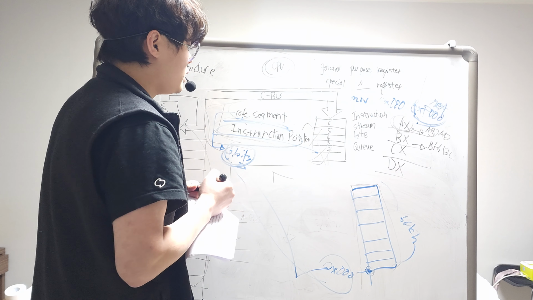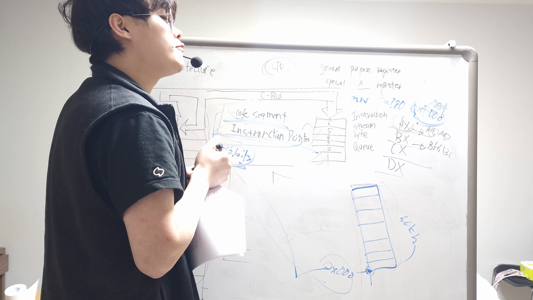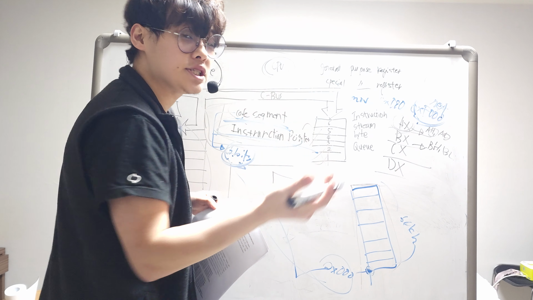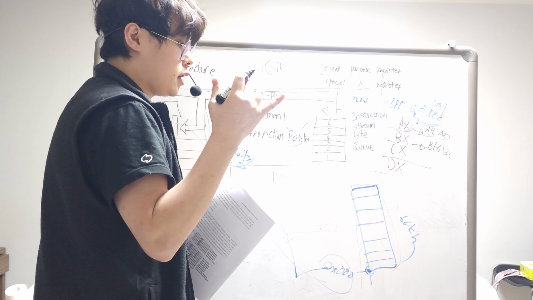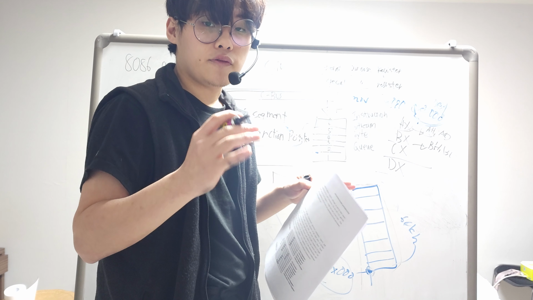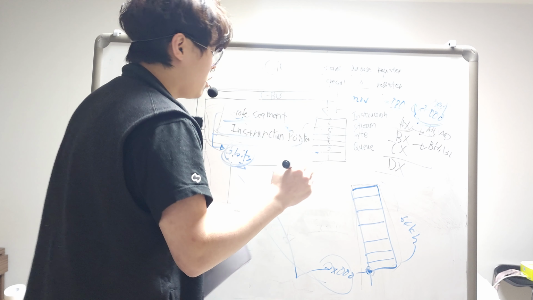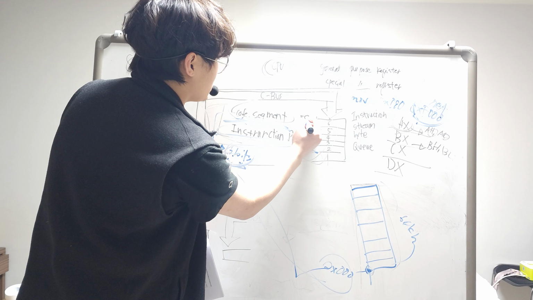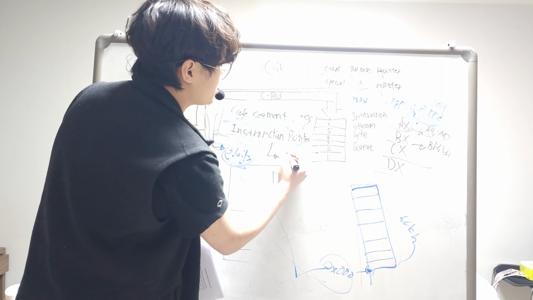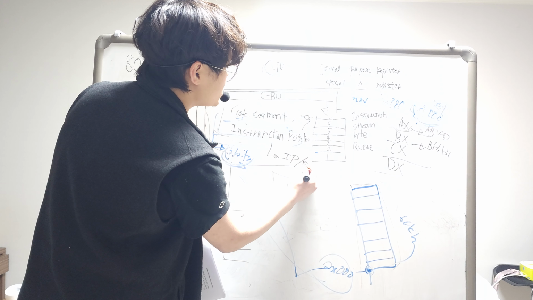So the formula of getting the physical address. Fetching the next instruction requires some kind of memory address, right? The physical memory address, and the formula of that is code segment, called CS, and this instruction pointer known as IP or program counter PC.